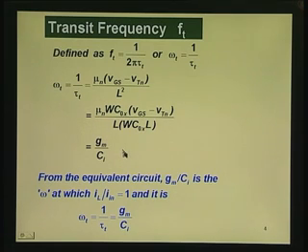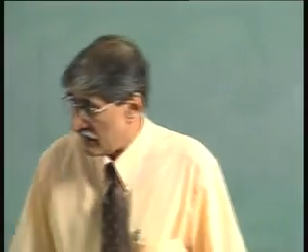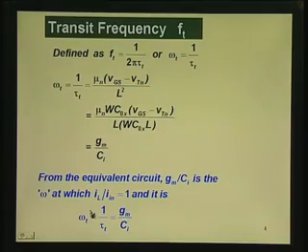So, what we are saying is, if you want to keep this omega t, the transit frequency, high, you need to keep the transit time low, which can be achieved by reducing the channel length and also having high mobility. That is all we saw last time. And in terms of the parameters for the circuit engineer, you can say the transconductance Gm must be high, and the capacitance associated with the device, including the stray capacitance, must be low.